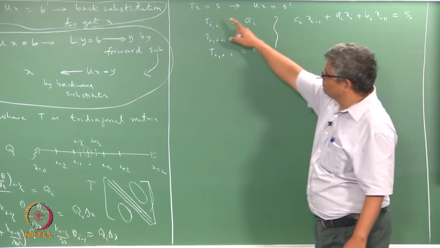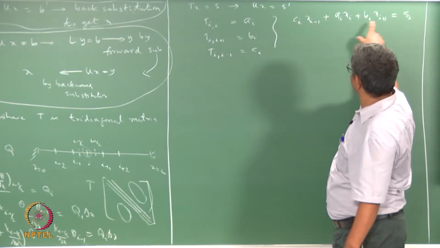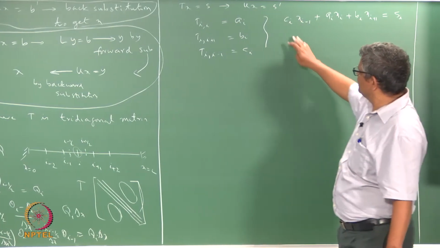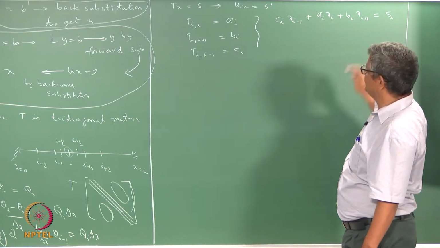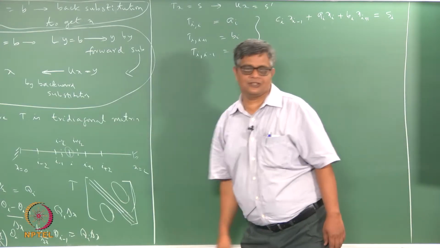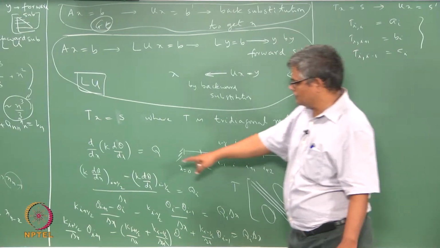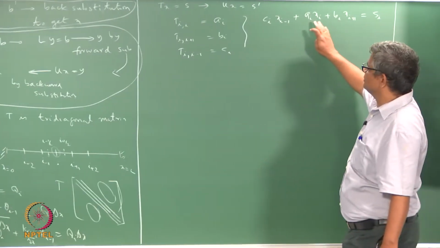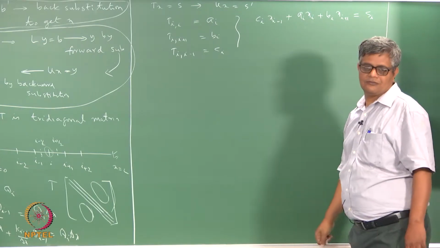And this formulation is such that each of these coefficients can change from equation to equation. You can have some special cases where all the C's are constant and all the A's are constant. For example, in the simplest case where K, the thermal conductivity, is constant, we normally have C equal to 1, A equal to minus 2 and B equal to 1. Okay.